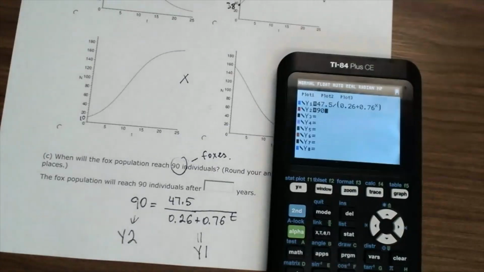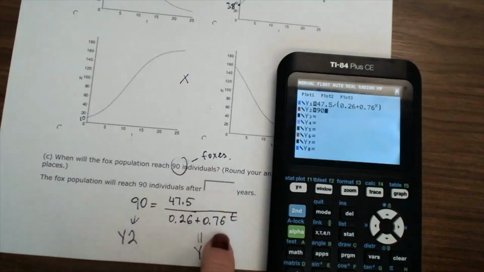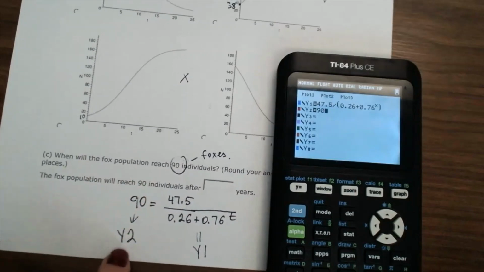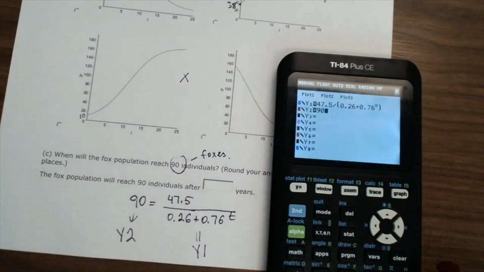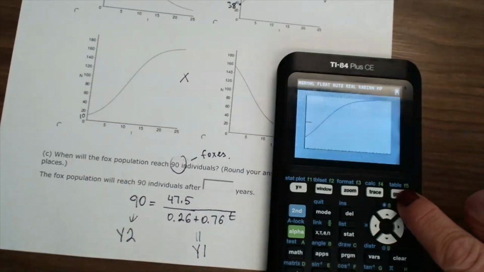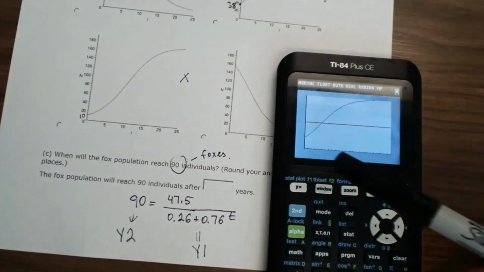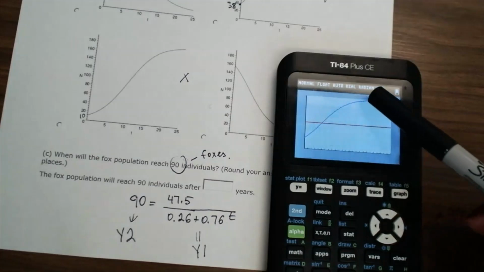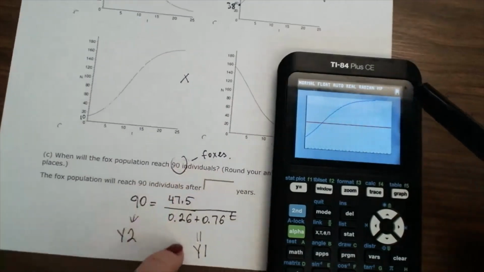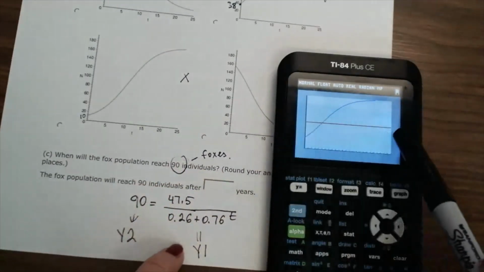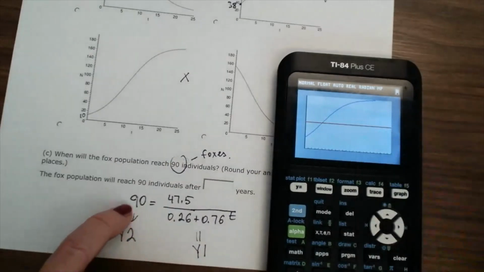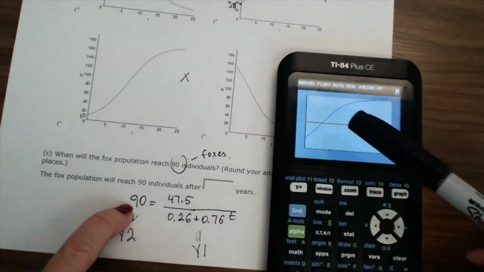So it means we are looking at two equations. One equation is the right side of this equation, and the second equation is the left side of this equation. We will press graph. And we see that this line is this function, and the red line is y equal to 90.